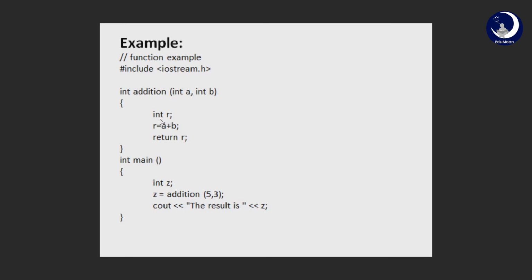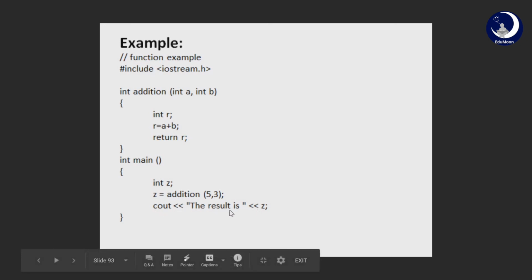Here it will create a temporary variable called r, and r will be equal to the sum of a and b, and then r will be returned. This return statement sends the value of r to the calling function, and that will be assigned to z. So finally the result printed is z, that is 5 plus 3, 8.